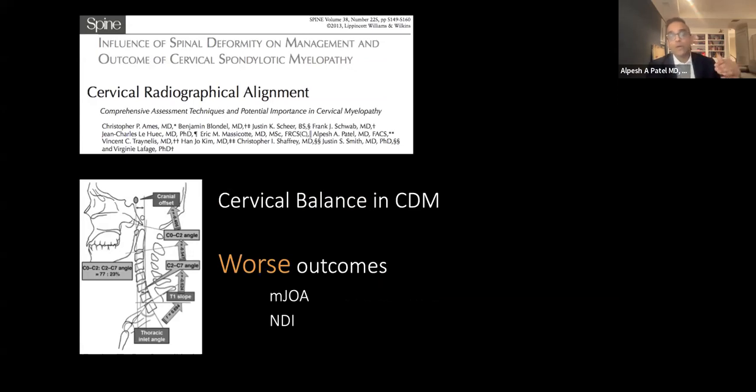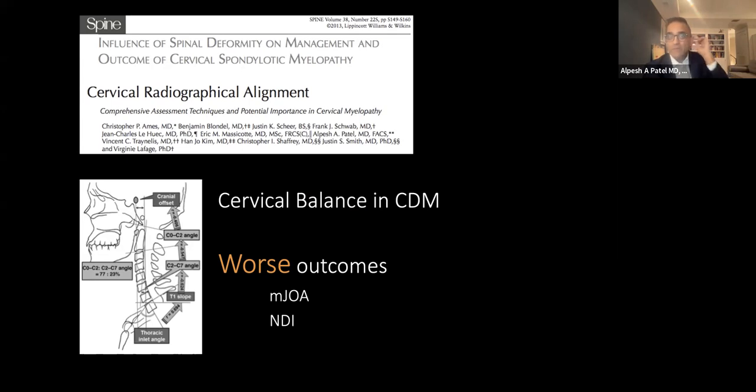And so do we know any link between cervical balance and neurological outcomes? Well, we've got a little bit of data, and we're going to come back to this study a couple of times, because truthfully there are some things in the literature, but not an overwhelming amount, and certainly not a defining amount yet. This was a study where they went back retrospectively and looked at patients who had surgery for cervical myelopathy.